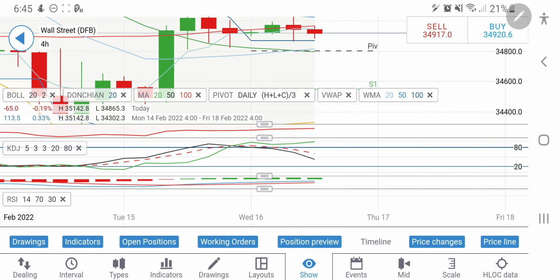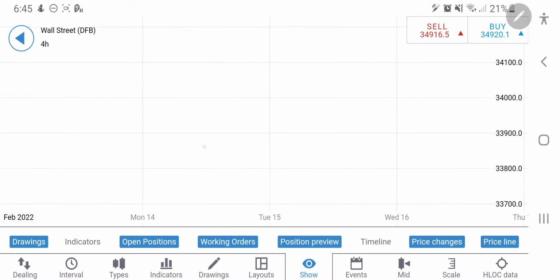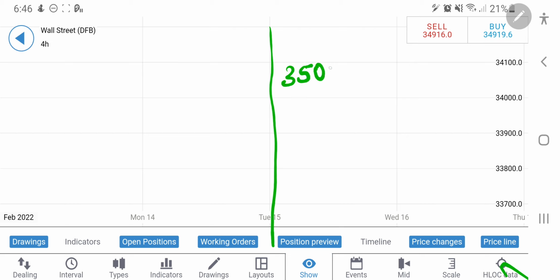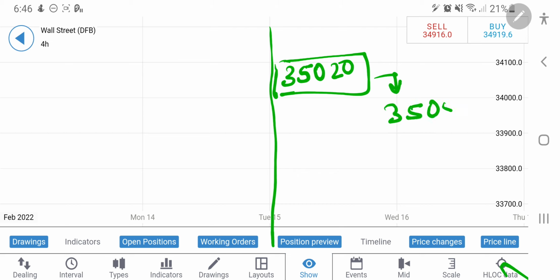Considering this, let me jump to the levels here, and yet again I will give you the same trading levels. This time the range is a bit wide, but you have to be very cautious again. So go long above 35,020, then you can expect 35,050 a stronger resistance.